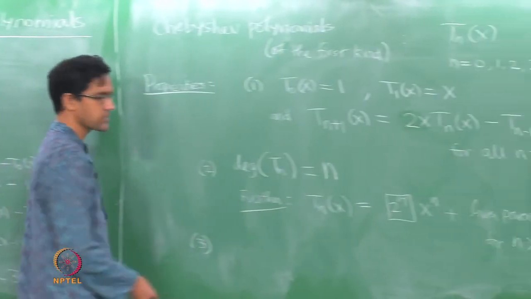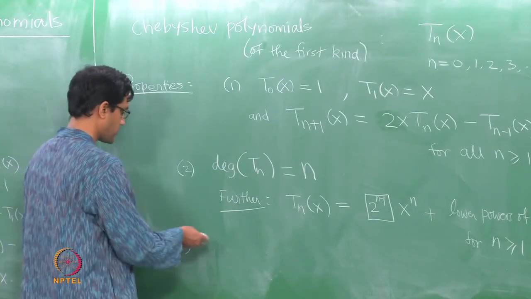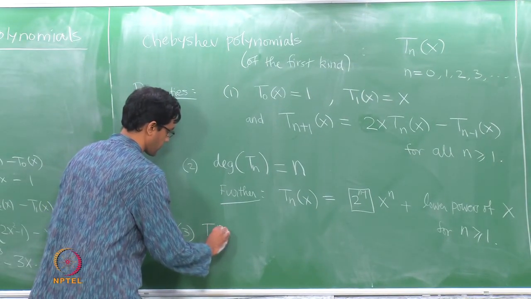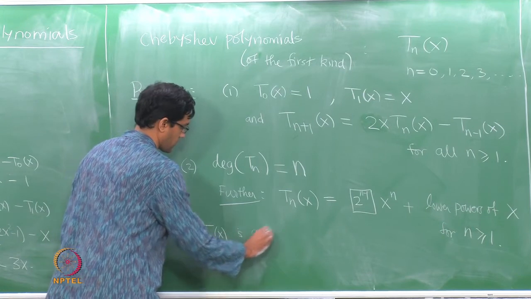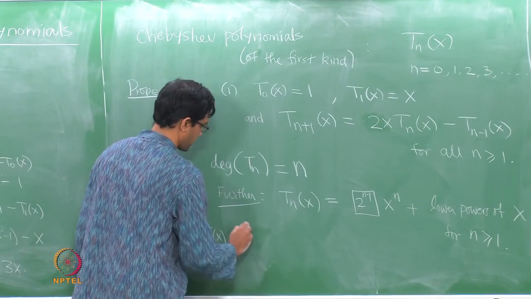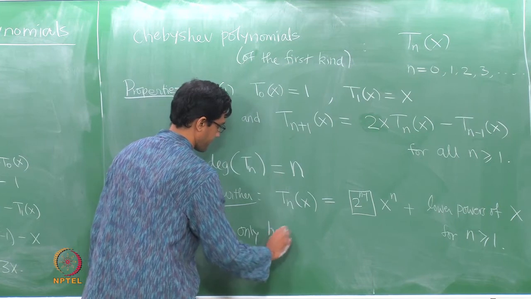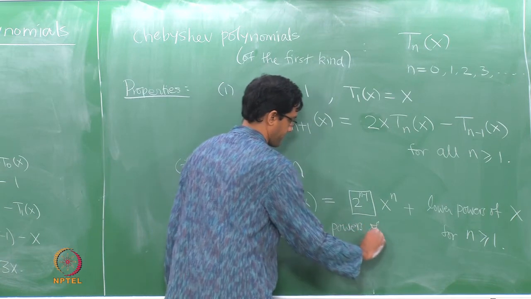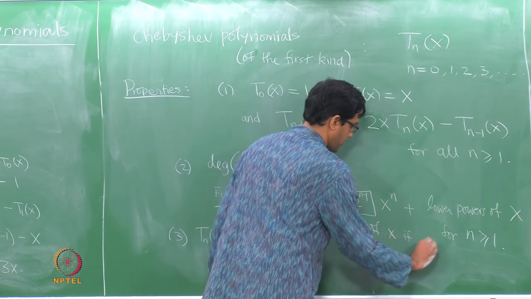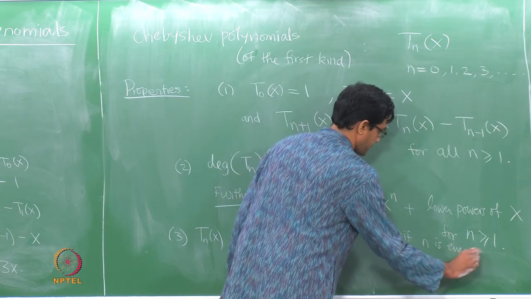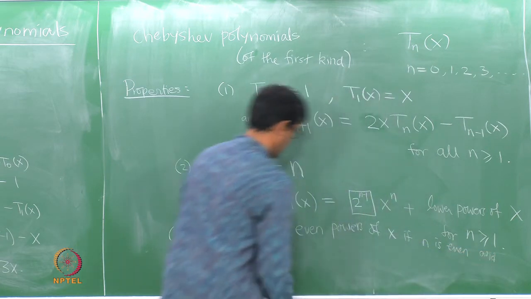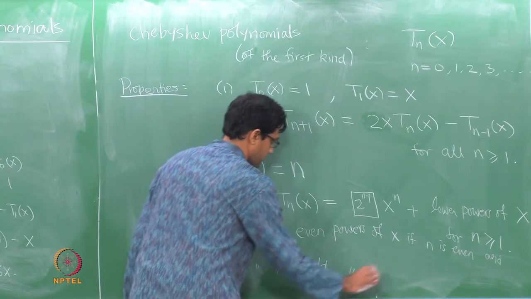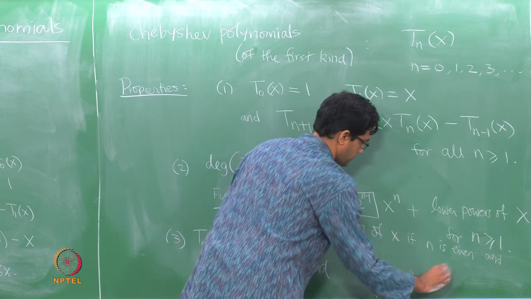So I am stating various interesting properties without proof really, but each of them can be proved rather easily. So Tn of x only has even powers of x if n is even, and similarly only has odd powers of x if n is odd.